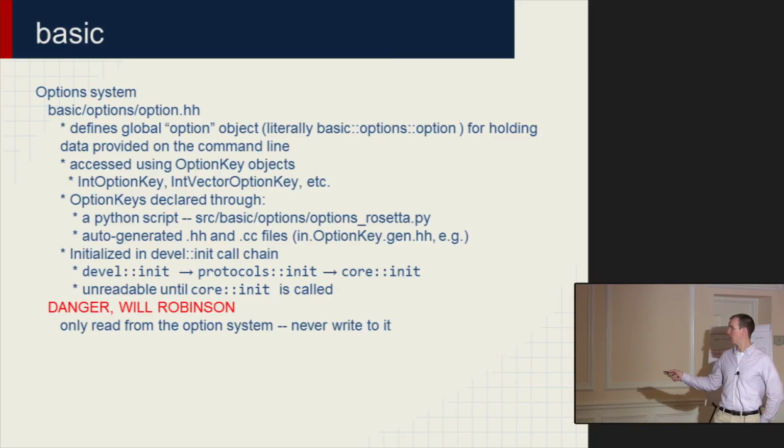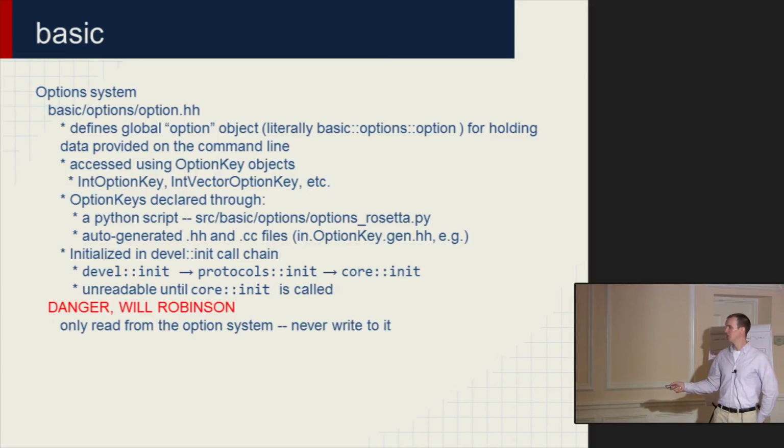That's automatically generated from the options Rosetta.py file. So you don't want to go in and start editing this file yourself, because it'll get overwritten every time someone compiles. The hint is that it has gen in its name, so that you know it's been automatically created as opposed to something that someone wrote by hand.